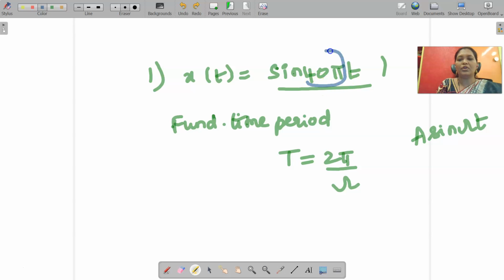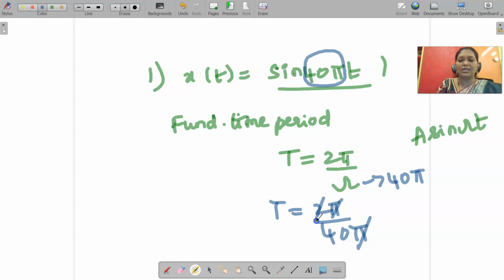Sorry, the omega value is 45. So what about capital T? 2 pi by 45. Capital T is measured in units of seconds.